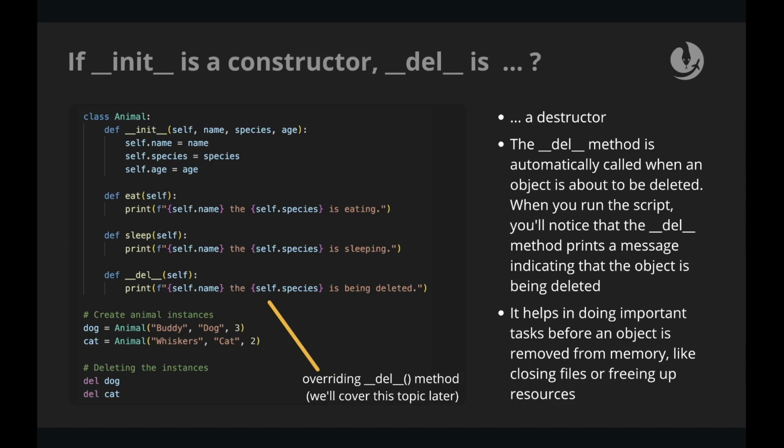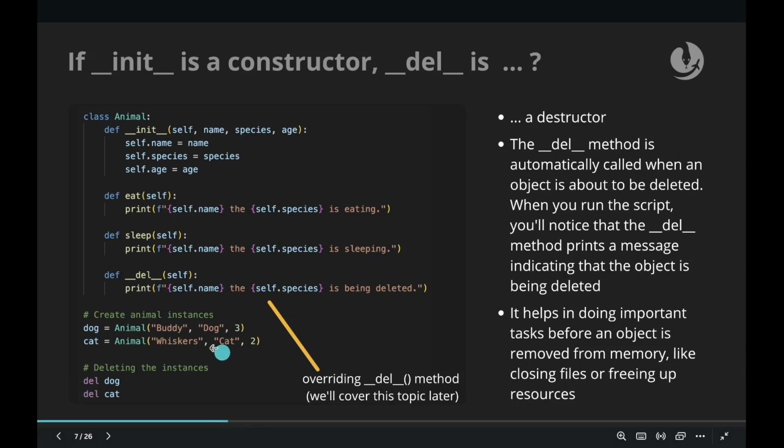I just want to mention the destructor, since we talked about the constructor and we talked about the very basics of creating an instance of a class. So if we would like to remove an instance and add to it some special behavior, we can do it by overriding the del method. And this is another dunder method.